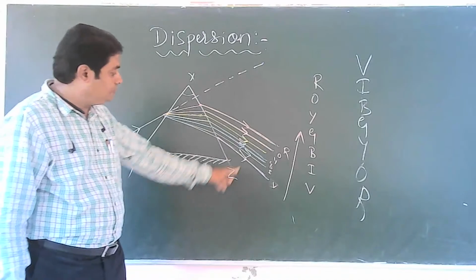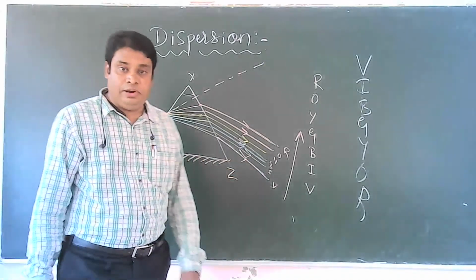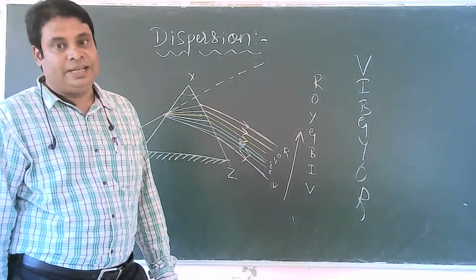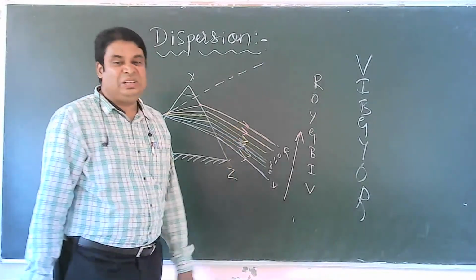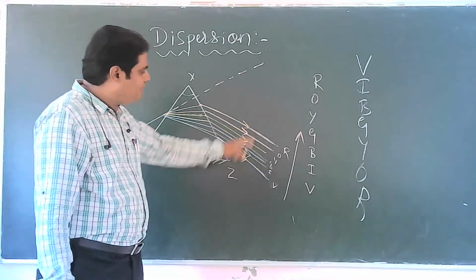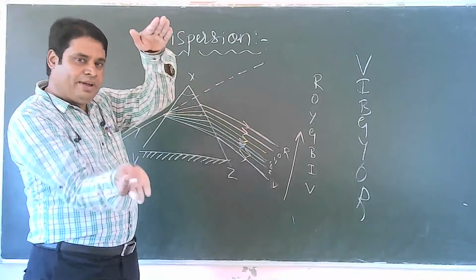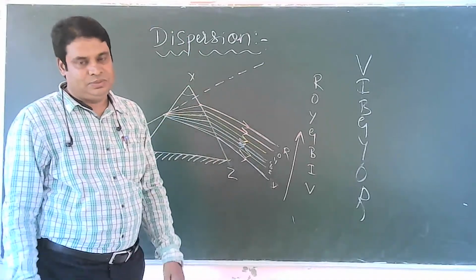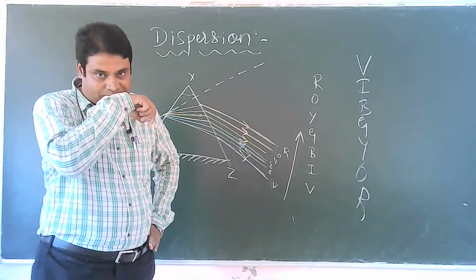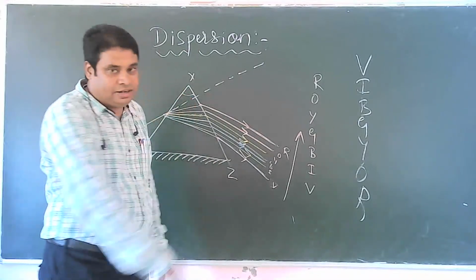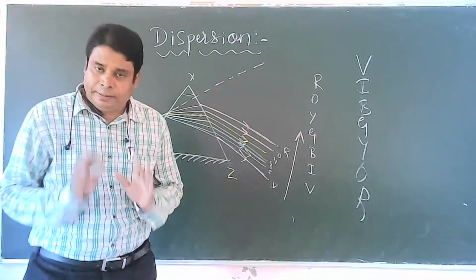Here, what we observe, bending of violet is more, and red has least bending. All the colors will lie between violet and red. What's the reason behind that? Why does this dispersion occur actually?